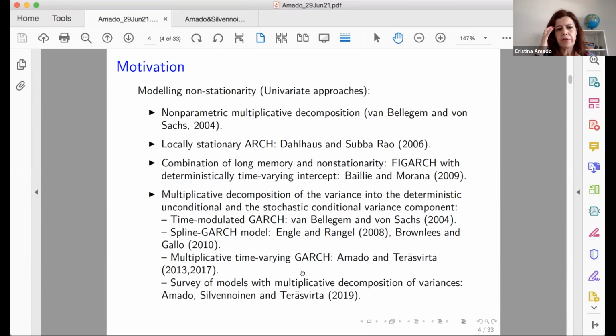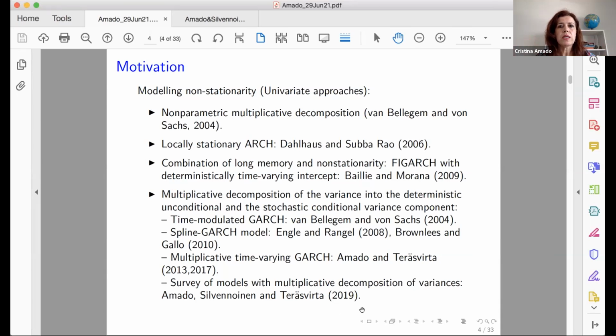We also have another paper in 2017, where we propose this multiplicative decomposition, but instead of using splines, we use logistic transition functions, and the model is parametric. There is a survey of models with multiplicative decomposition of variances by myself, Silvennoinen and Teräsvirta in 2019.